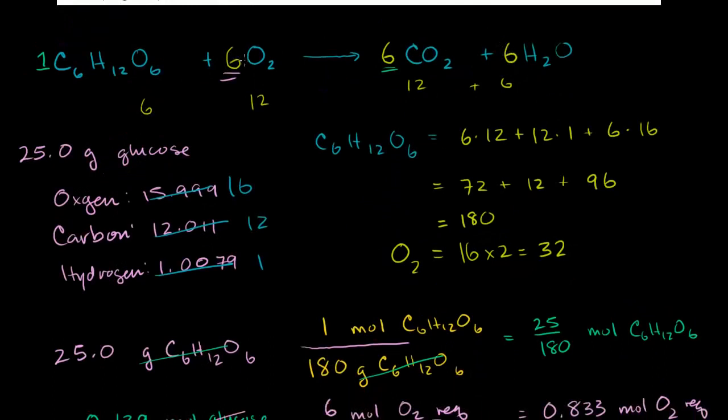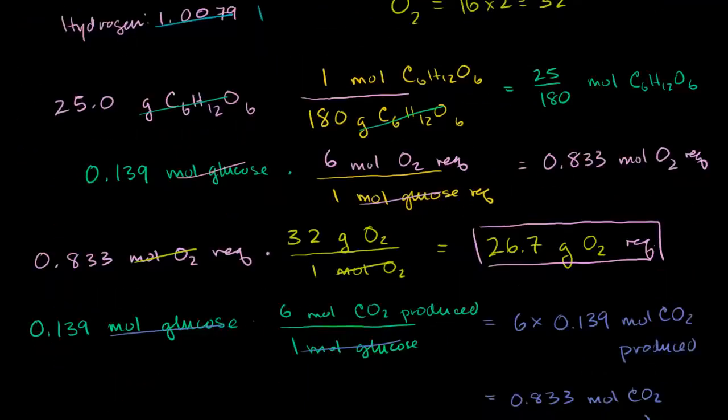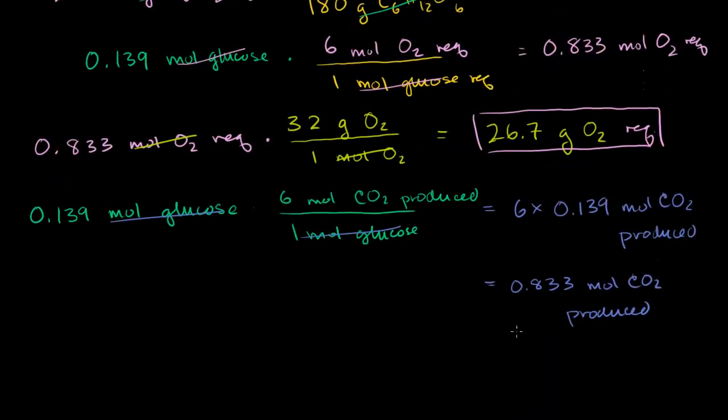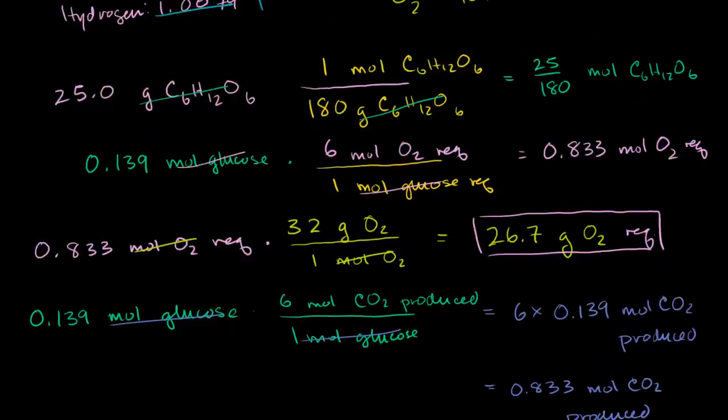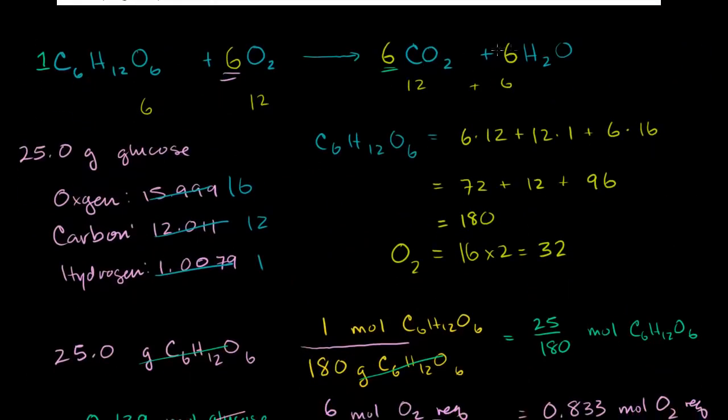For every mole of this used, you have a mole of that produced. So by the very same logic, you're also going to have 0.833 moles of water produced. For every mole of carbon dioxide, you have a mole of water. Here it's 6 for 6, but it's a 1-to-1 ratio. You could think about it like that.